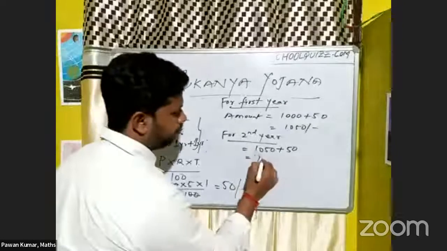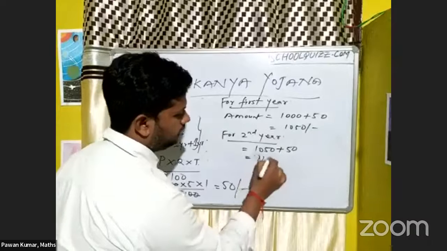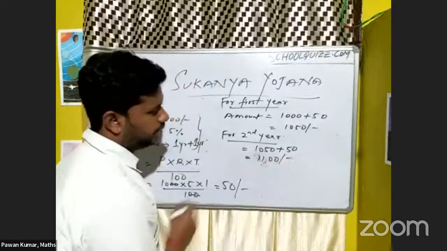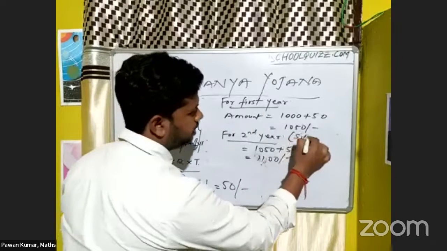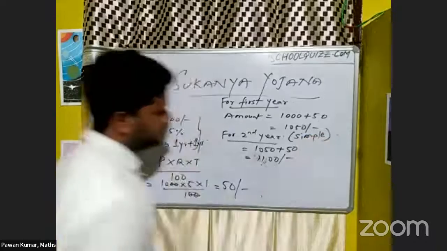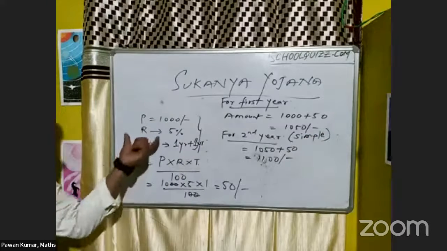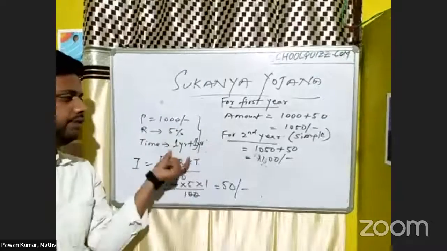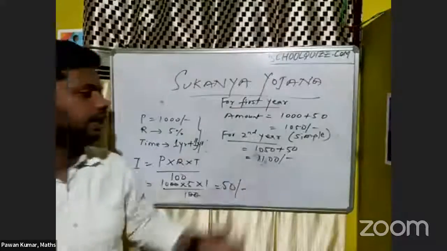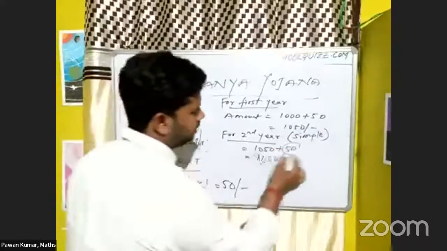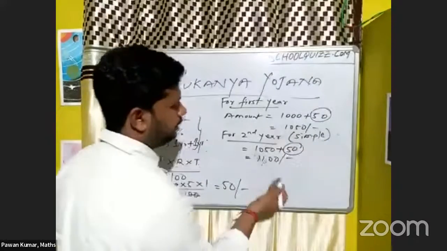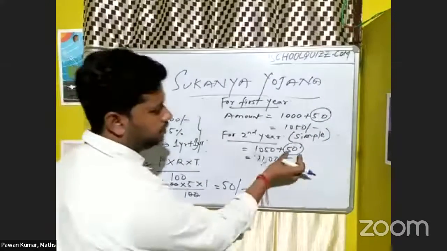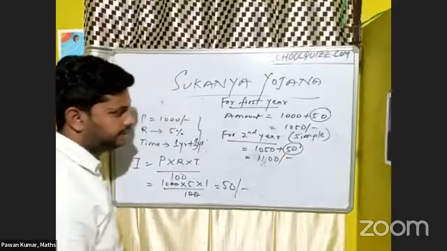So you have to pay only 1100 if it is simple interest, because every year you pay the same 50 rupees. If it is the third year also, they will add only 50 rupees.